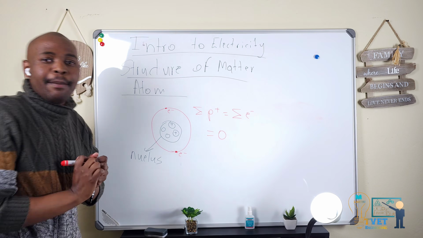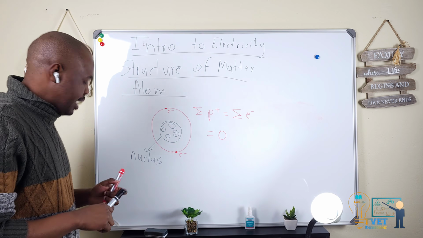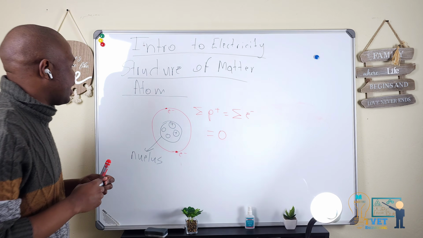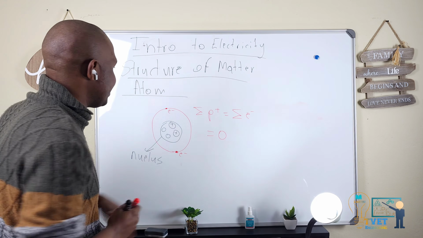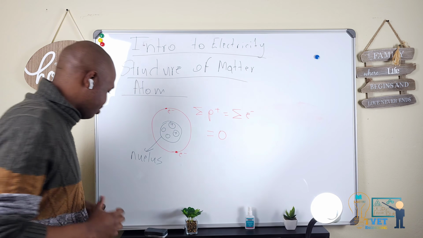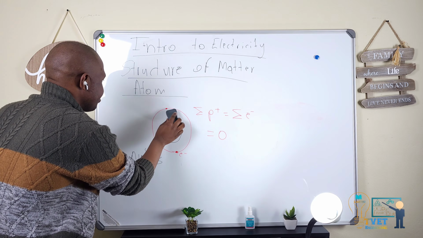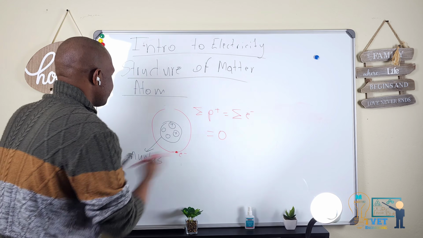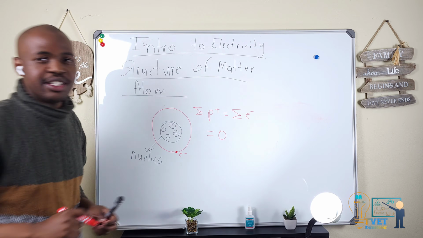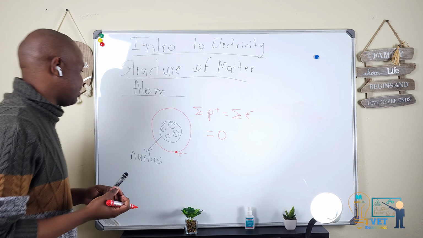But the atom is not always in a neutral state. For example, we can remove an electron through a process that we refer to as ionization.